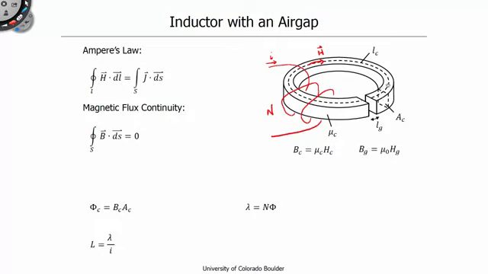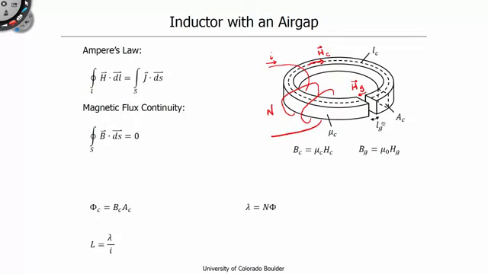Except we have to be a little careful here, because nowhere have we said that the H field needs to be the same in the core as in the air. So let's clarify this by marking the H field in the core as HC, and the H field that goes through air as HG.